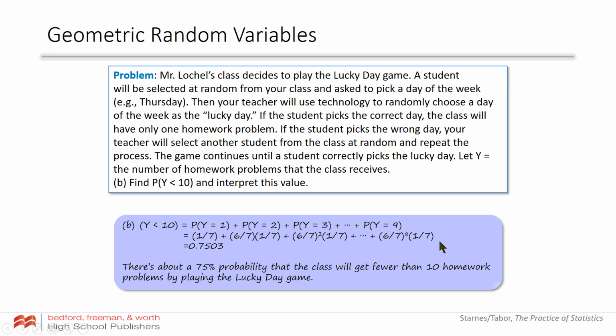This would be a lot to type in your calculator, right? But this is the formula that you would write out. You have to write all this work out. Your answer is 0.75. I'm going to show you in a second how you would find it in the calculator. But that tells us that there's about a 75% chance that the class will get fewer than 10 homework problems by playing this Lucky Day game.